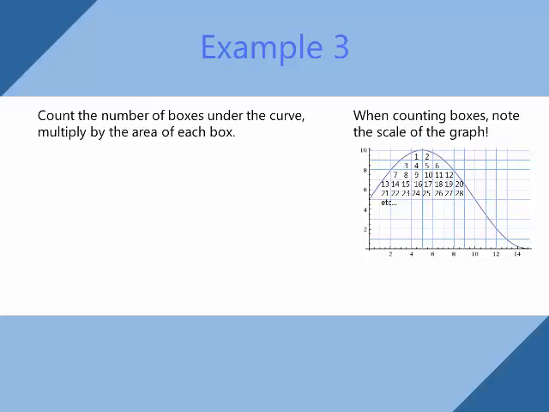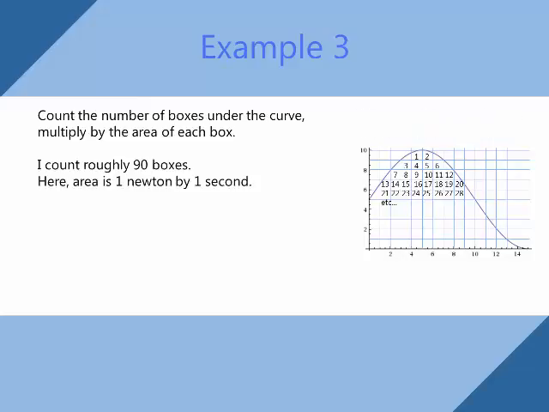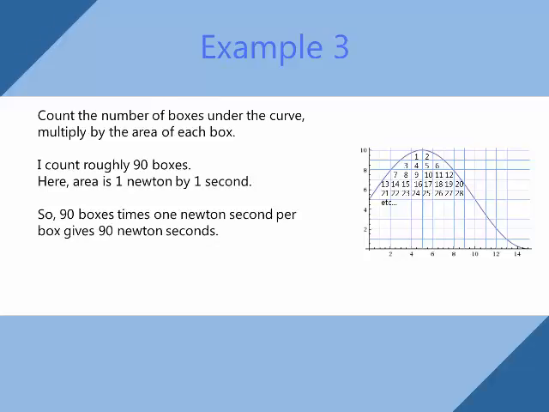Because our drawn grid lines are 1 unit apart on the x and y axes, we have 1 newton by 1 second for each box. I've counted roughly 90 boxes, so multiplying 90 boxes times 1 newton second per box gives 90 newton seconds of impulse.